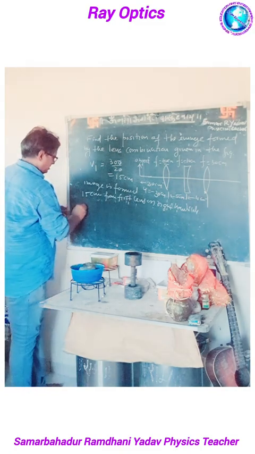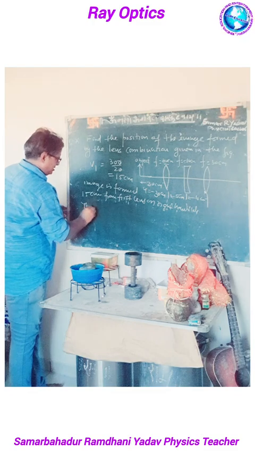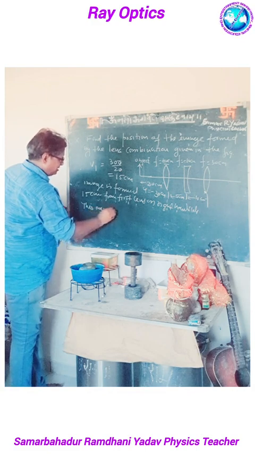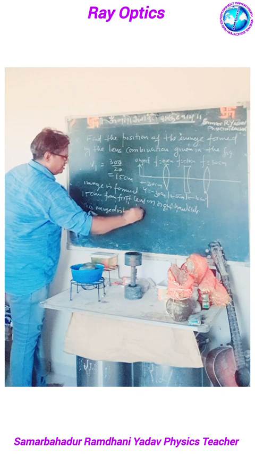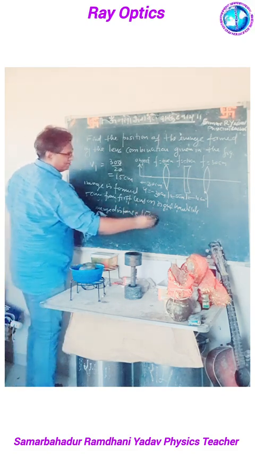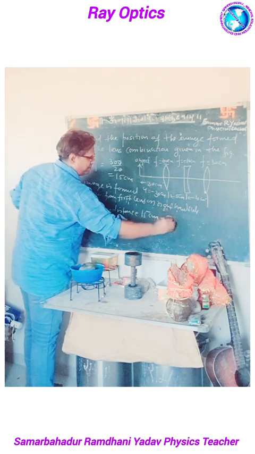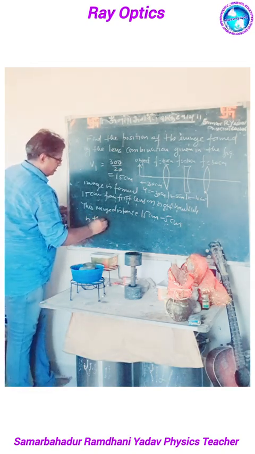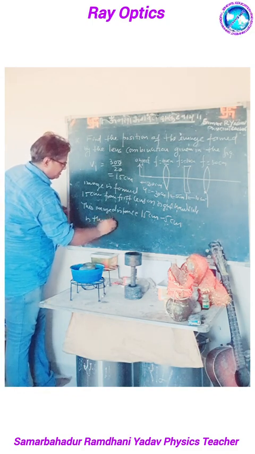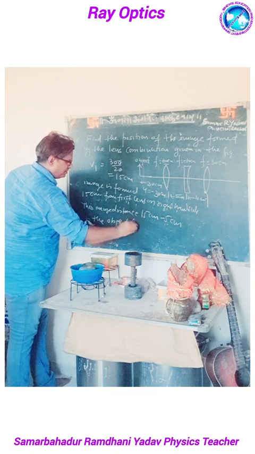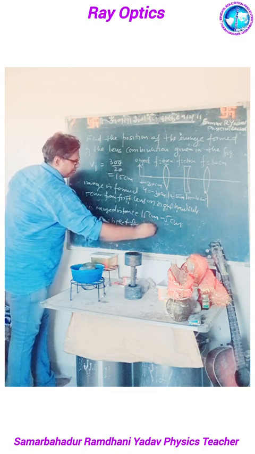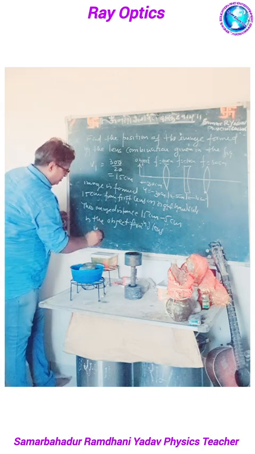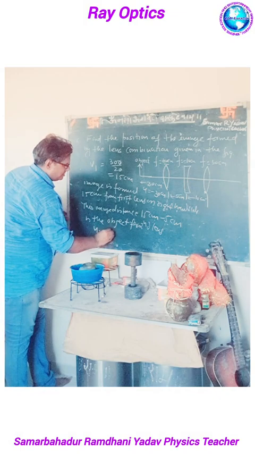Therefore this image distance, 15 centimeter minus 5 centimeter, is the object for the second lens. Therefore u2 is equal to 10 centimeter.